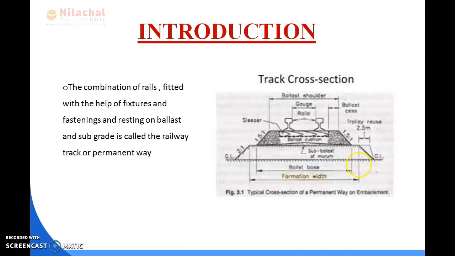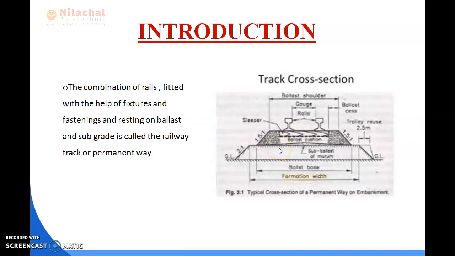Basically, first the ground level, then over the ground level a slope of 2:1 is provided, and this layer is made of soil and some moram. Here, see, sub ballast or moram materials are provided to make it stronger and increase its stability.